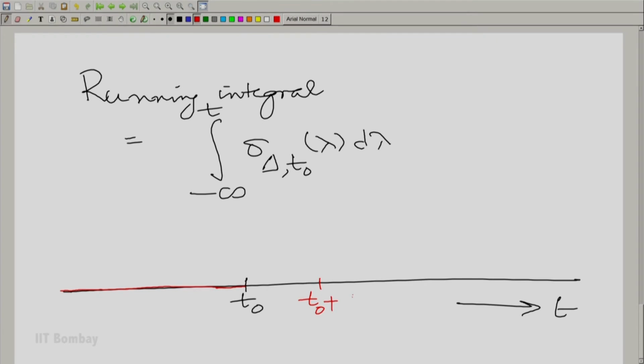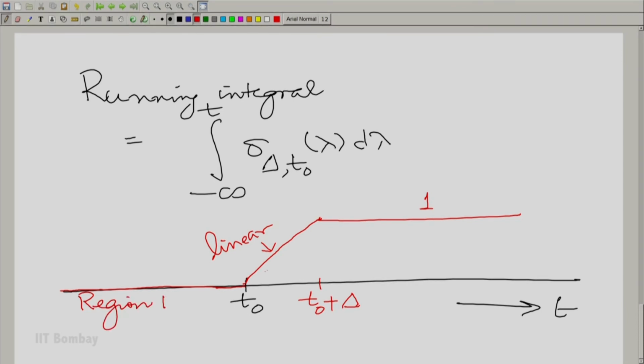From t0 to t0 plus delta, the integral rises linearly and then remains constant at 1. This part is linear. Region 1, region 2, and region 3.